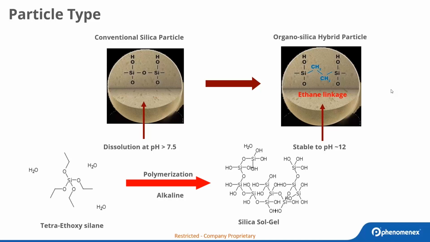So these are organosilica particles or hybrid particles, where the siloxane bridge, which is normally the weak point, has been replaced with an ethane linkage, and that ethane linkage is more resistant to pH, right? It doesn't break down during that alkaline pH, so you can run them at much higher pH ranges without having to worry about the siloxane bridges breaking down and dissolving the silica.